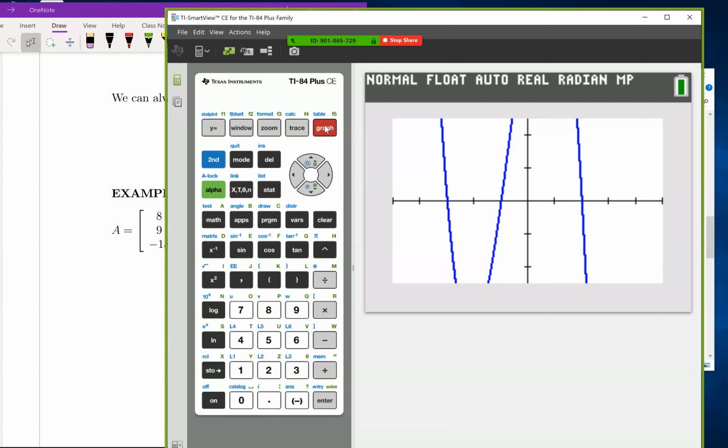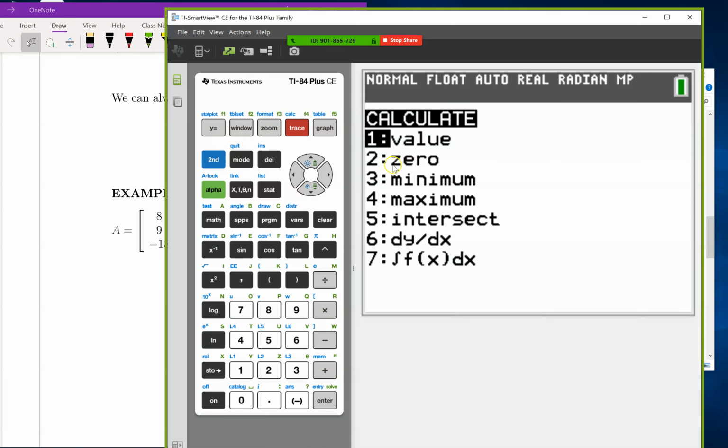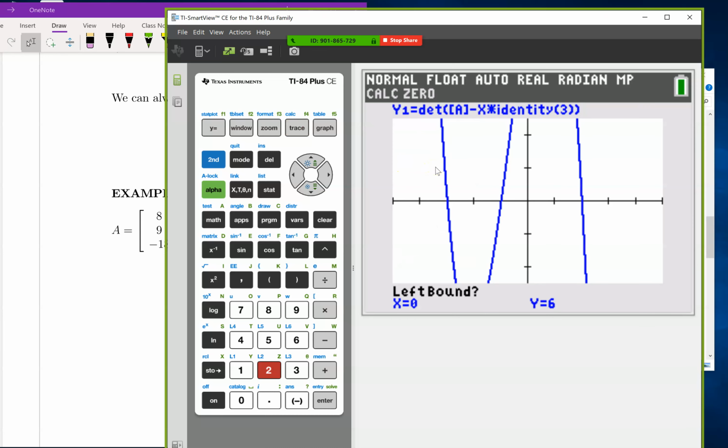All I really care about is where it's crossing the x-axis. And again, we'll be able to tell when we row reduce if we actually have the right values. You can go in and find the zeros on your calculator if you're not 100% sure where it's crossing. If you go second calculator, you can always find a zero there.